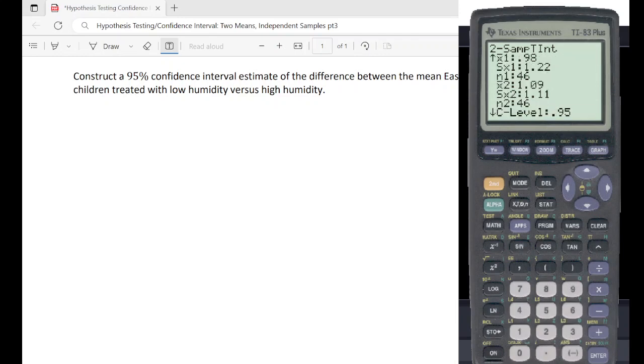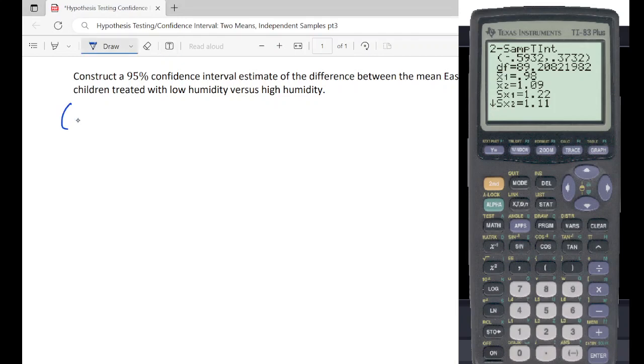The confidence level comes from how confident we want to be. We want a 95% confidence interval, so our C level is 0.95. No for pooled, and then down to calculate. Here we get the confidence interval of negative 0.5932 to 0.3732.